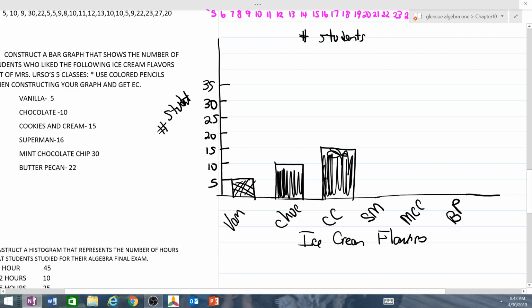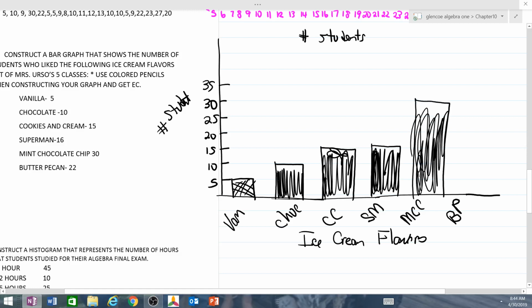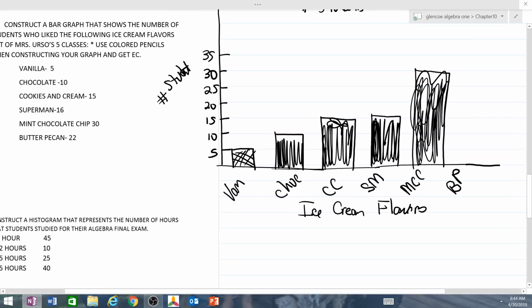How many people like Superman? 16. How many people like mint chocolate chip? 30. Looks like that's the winner, huh? And how many people like butter pecan? 22. So here's 20, maybe right there, 22. Maybe up a tad more.